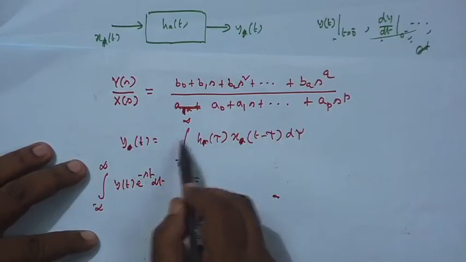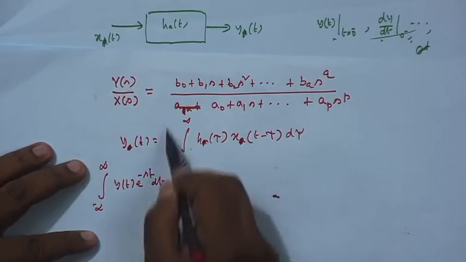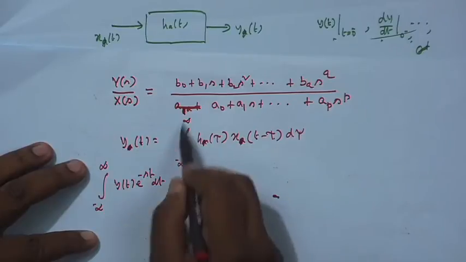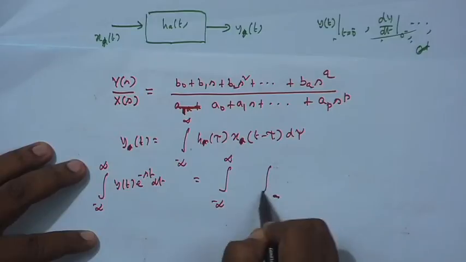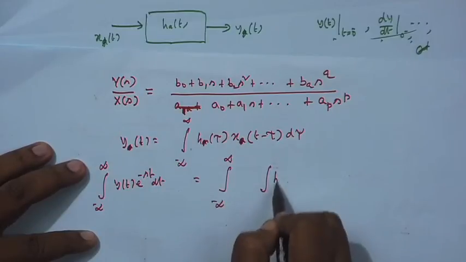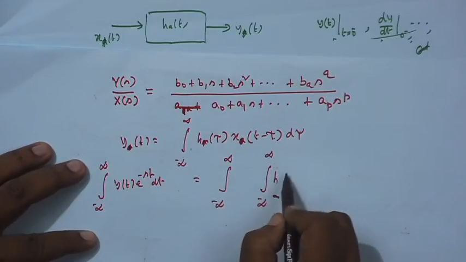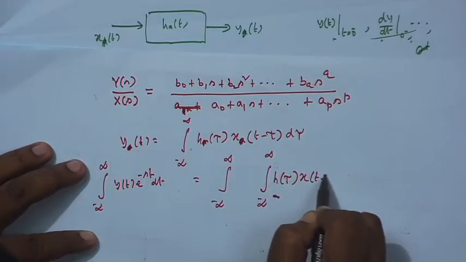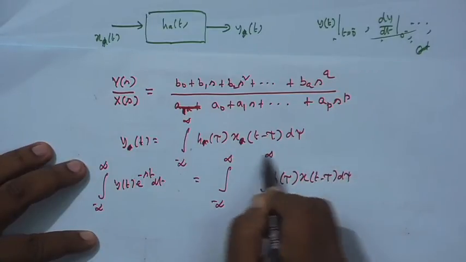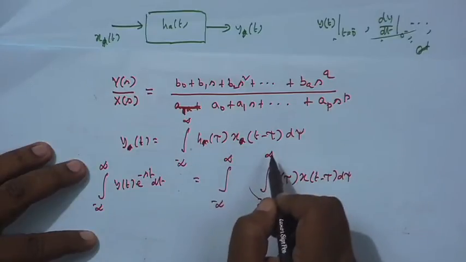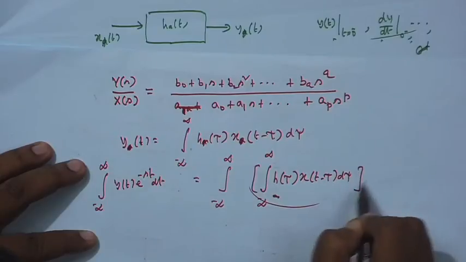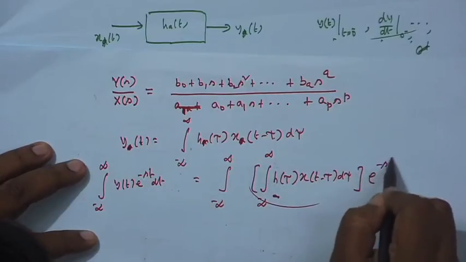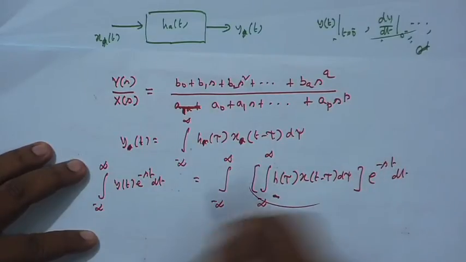This overall integral is a function of t only, tau goes out of the integration here. So this inner part, h(tau) x(t minus tau) d tau, is y(t), and then this is multiplied by e to the power minus st.